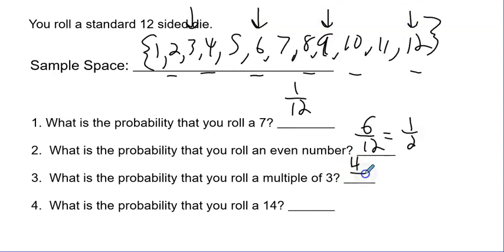That is 4 numbers out of 12. Or a third of the numbers. What's the probability you'll roll a 14? You can put 0 or 0 out of 12. Because there's no chance. That is impossible. And that's it.